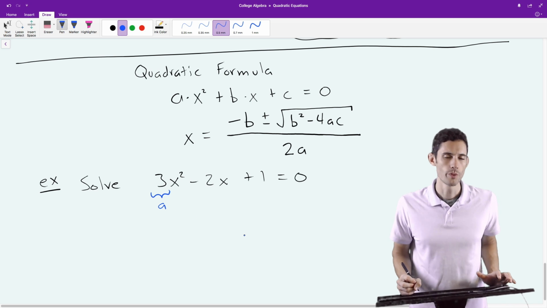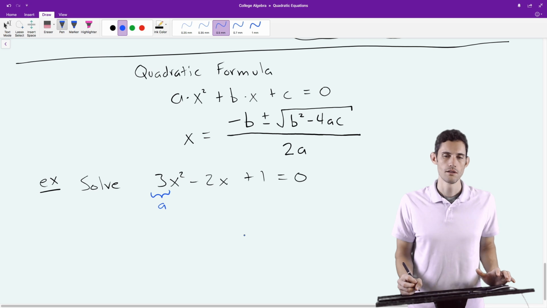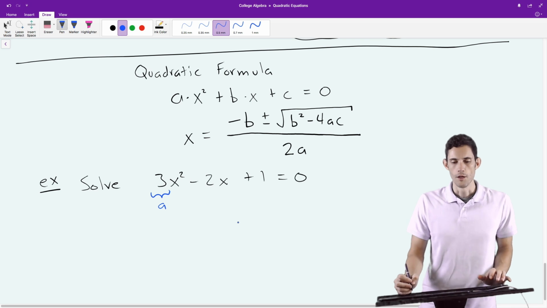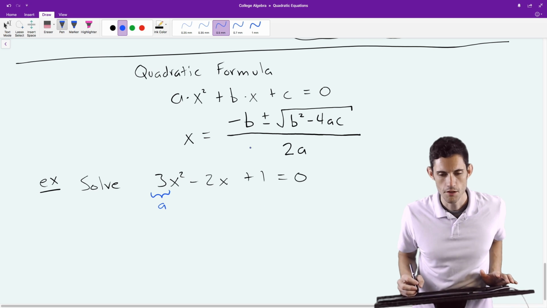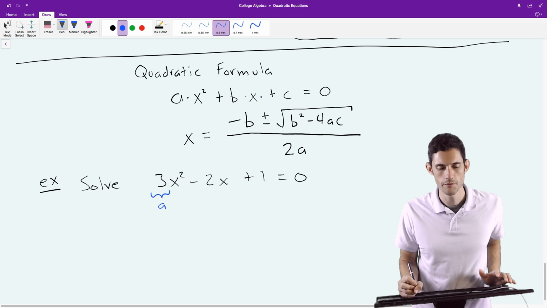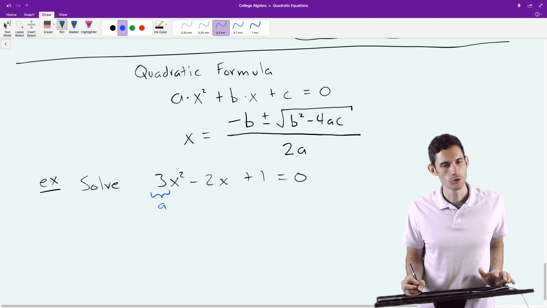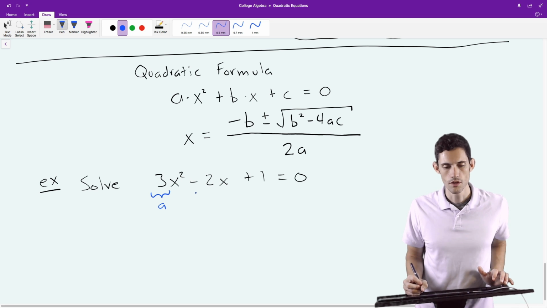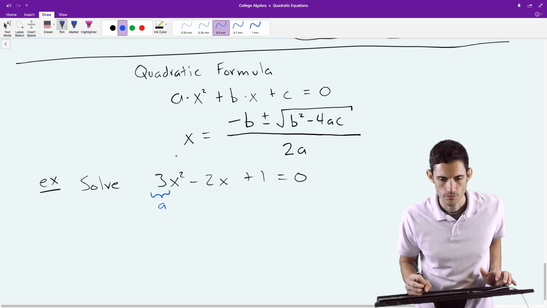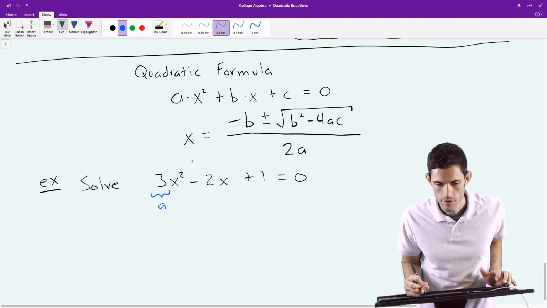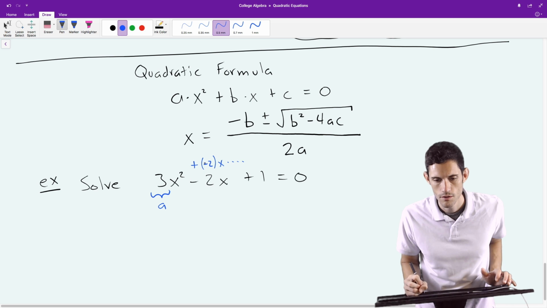The number multiplying my x is b. And be careful to tell me everything that's multiplying the x, because in the formula, b is multiplying the x. It says plus b. Down here, I've got a 2 multiplying that x, but I've also got this negative sign. So you could think of this as plus negative 2 times x.